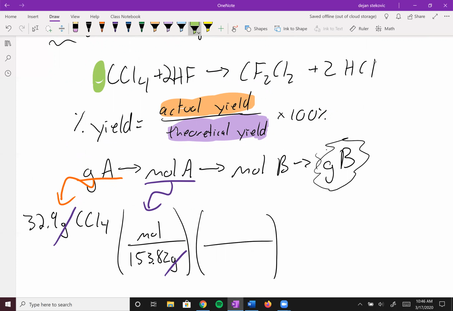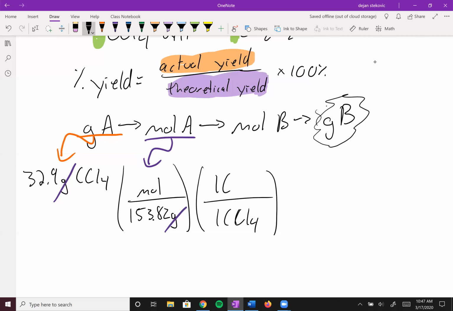In this case, we're going from CCl4, so there's one of them, to the Freon, the CF2Cl2. So it's a 1-to-1 ratio. This isn't going to change the number, but it's still good to write. So from every 1 CCl4, you can make 1 CF2Cl2. And so CCl4 is going to cancel out.